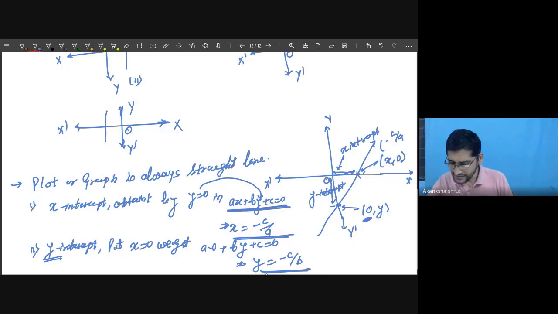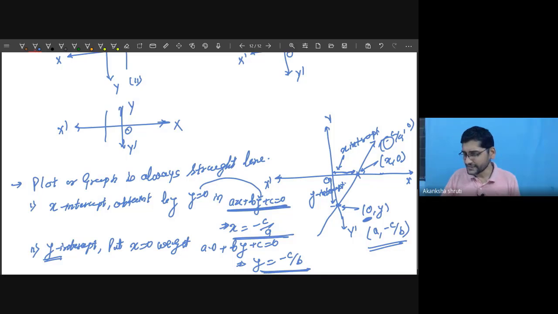Now student, this minus is here. If this c is negative, it will turn positive, so do not think it is a negative sign. That depends on the value of c. If c is negative, it will turn positive. Then we can get the other one, and this can be calculated as (0, minus c by b).